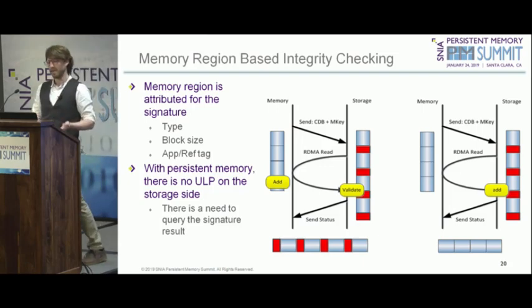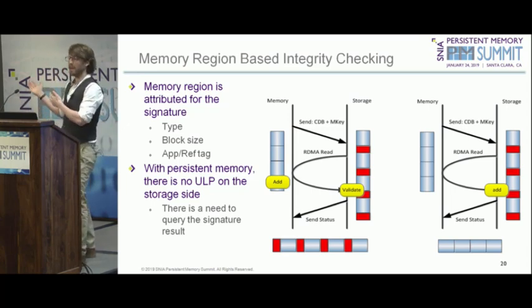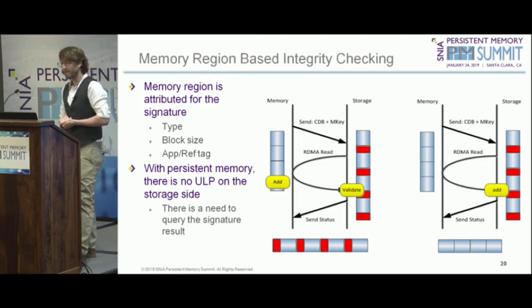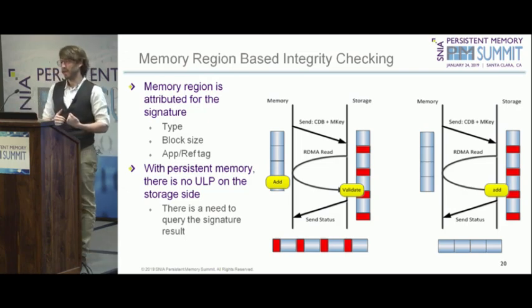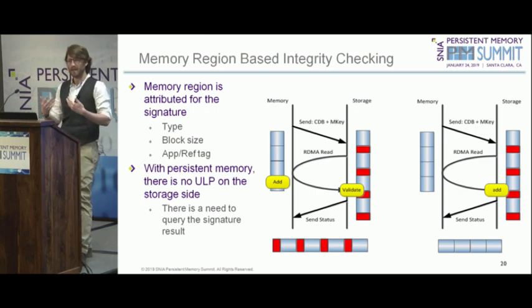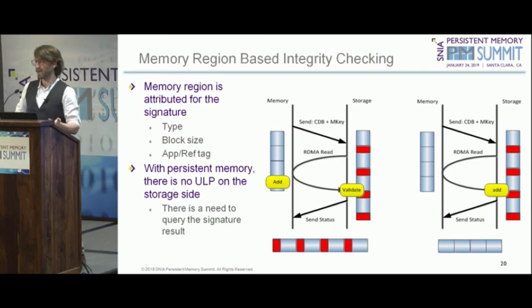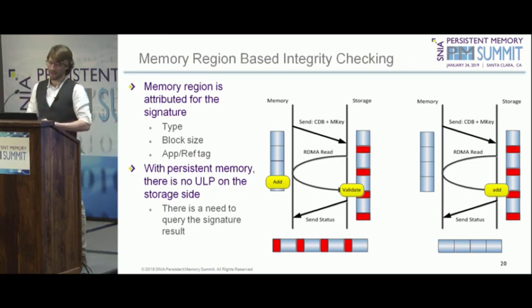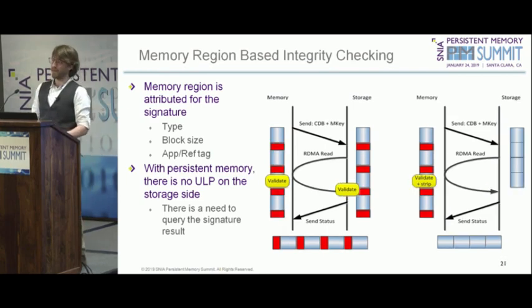One of the features is that I'm adding CRC and apptag and reftag, which is T10-DIF, while the data is coming in towards the memory, and I'm stripping it while the data is coming out from memory. Therefore, I'm validating the integrity of this access towards persistent memory on the fly because of these memory region attributes. That's basically the way to verify integrity.